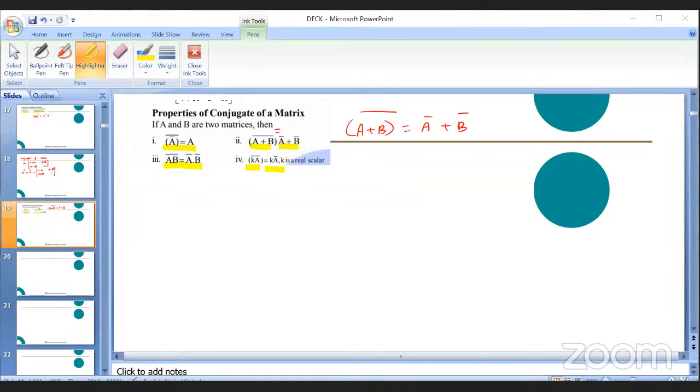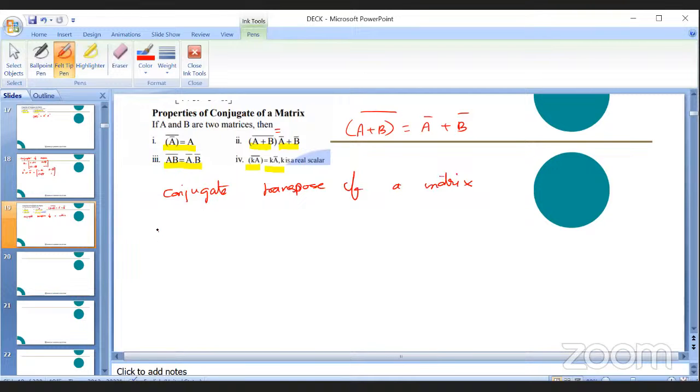What is conjugate transpose? There is something called conjugate transpose also. What do you mean by conjugate transpose of a matrix? Suppose you have a matrix like this.